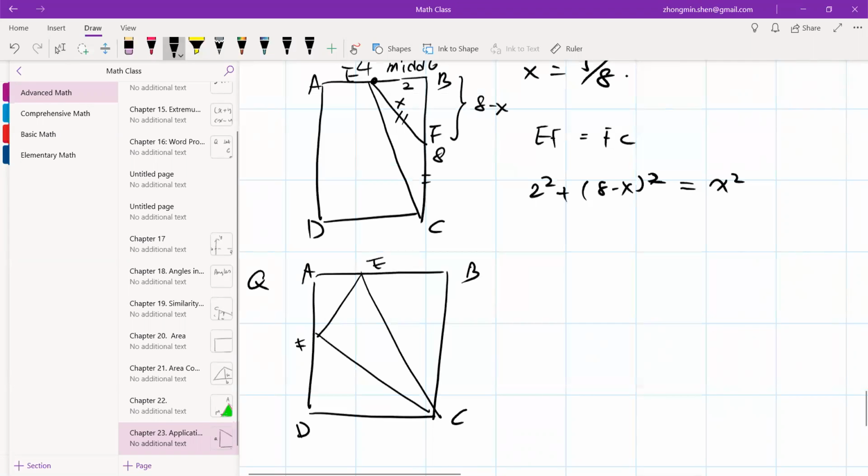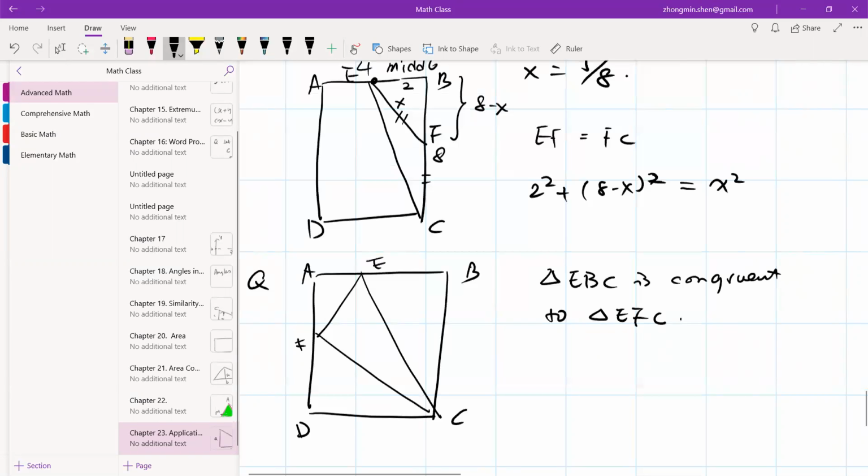Triangle EBC is congruent to the triangle EFC.